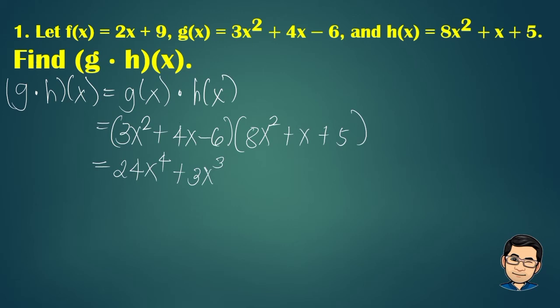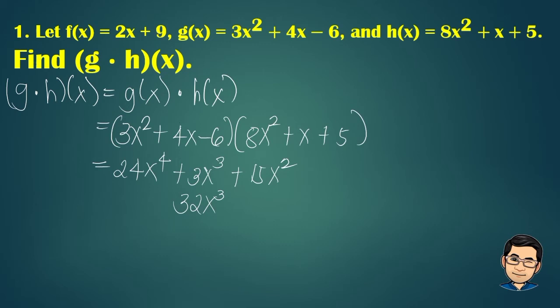Next, 3x squared times 5, that is 15x squared. Next, 4x naman, 4x times 8x squared, that is 32x cubed. So, mas maganda na tinatapat na natin yung mga terms para hindi na tayo nalilito.